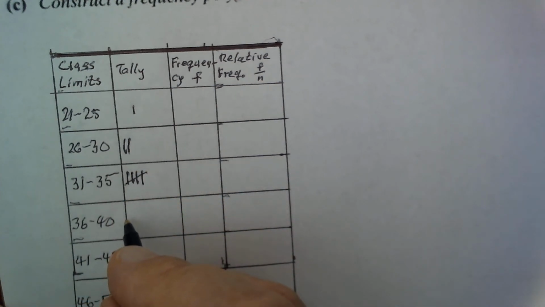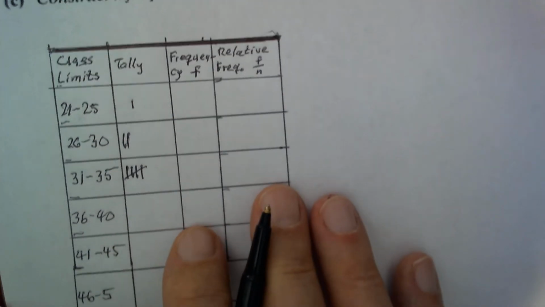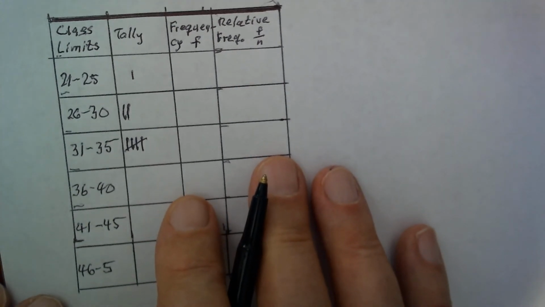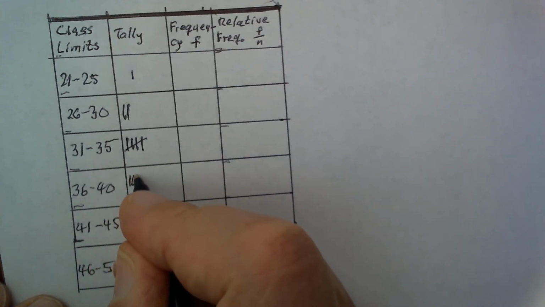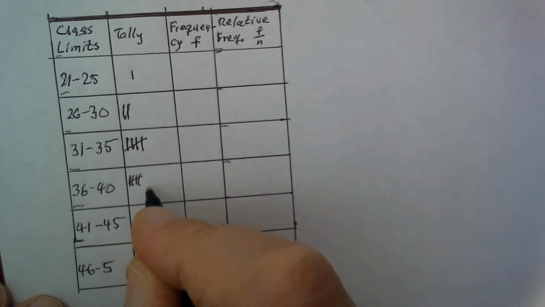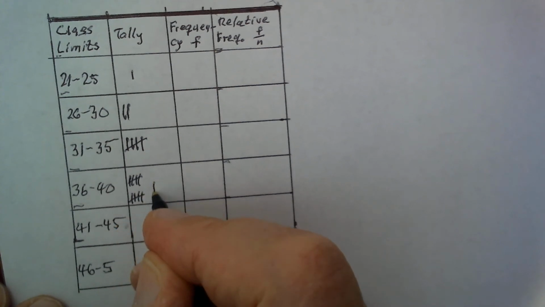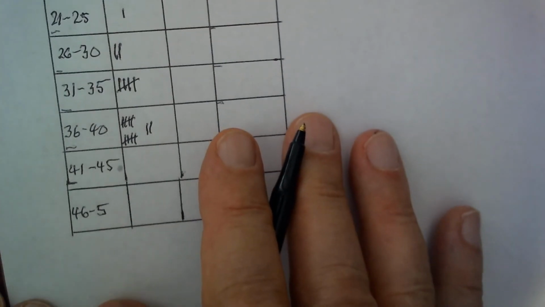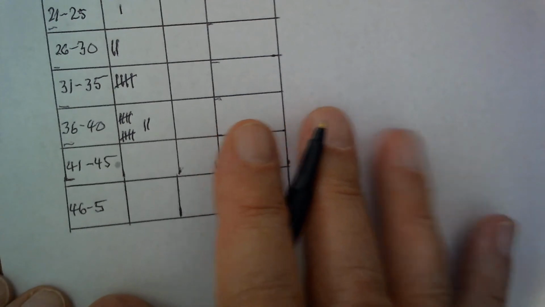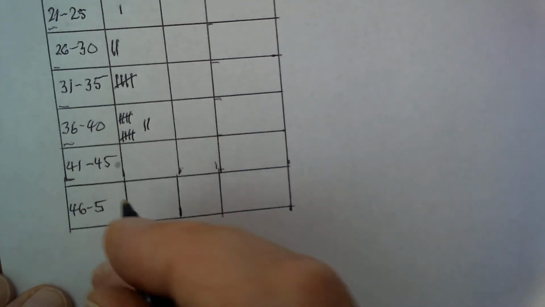From 36 to 40, we find there are 12. 1, 2, 3, 4, 5, 1, 2, 3, 4, 5, and 2 more for 12. And then between 41 and 45, we find a 16.